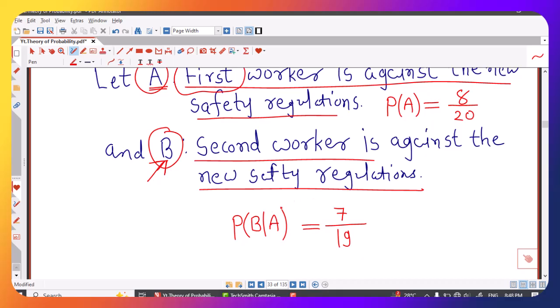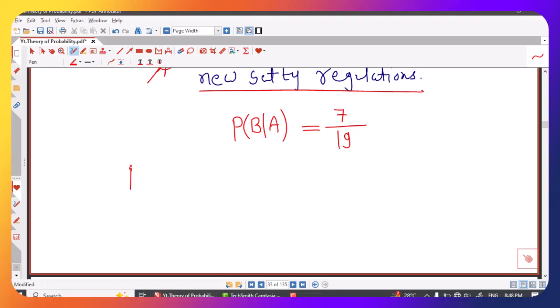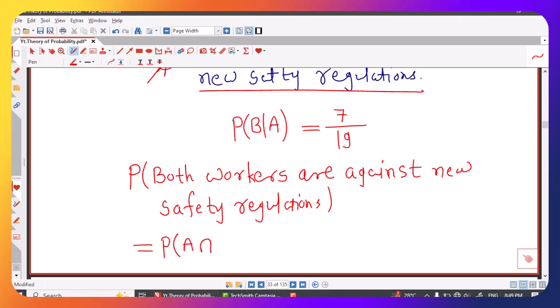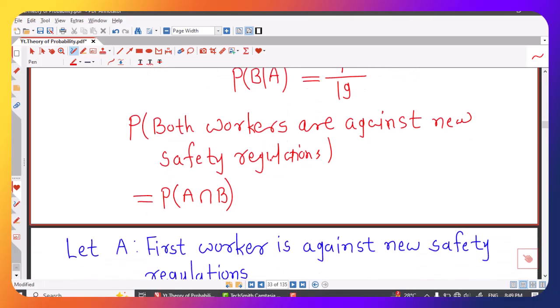So this is the probability of B given A, and now we are interested in the probability that both workers are against the new safety regulations. So this is equal to the probability that the first worker is against the new safety regulations and the second worker is against the new safety regulations.